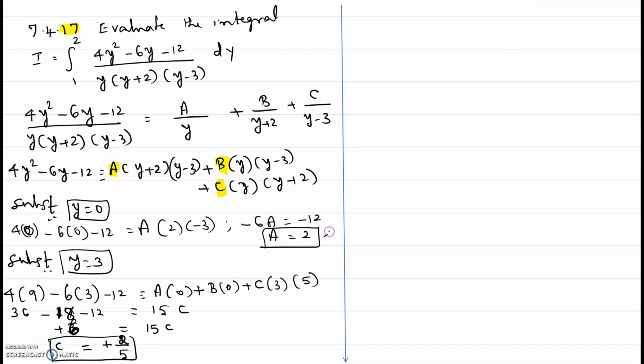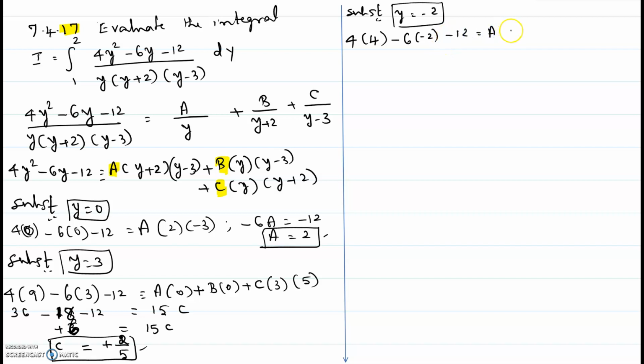So we got A, we got C, we have to get B. So we can substitute now y equal to negative 2. So we get 4 times y squared, that will be 4 times 4, minus 6 times negative 2, minus 12.